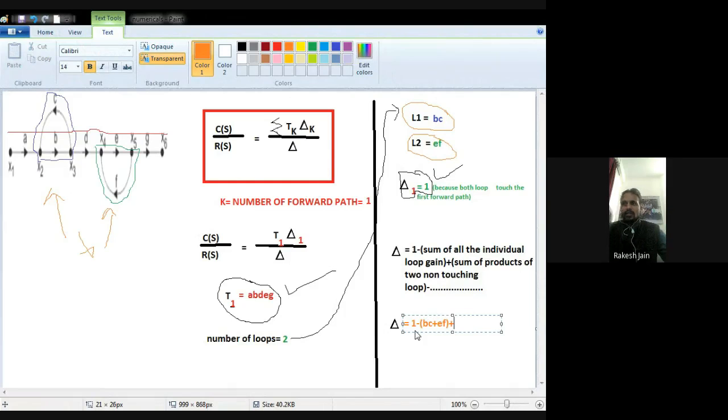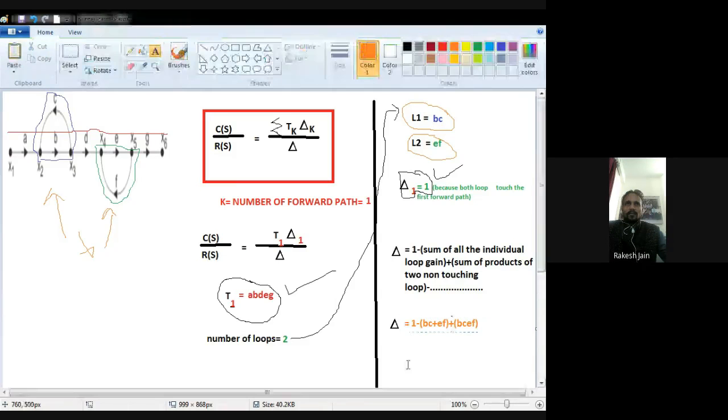See, where are the two non-touching loops? The BC loop, L1, does not touch the L2 loop. It means these two are non-touching loops. So the sum of products, but here only the product of BC and EF is there. So this will be your answer for del.